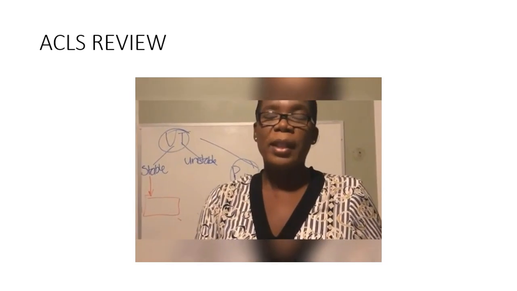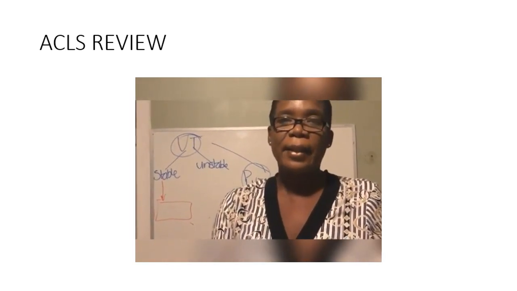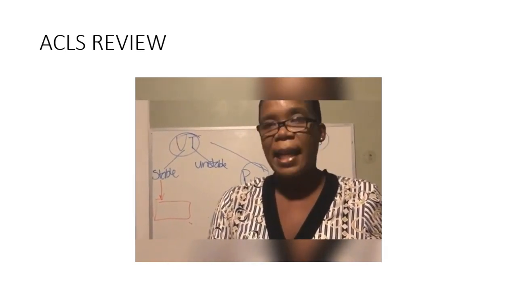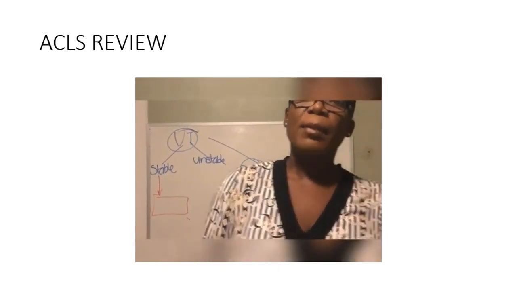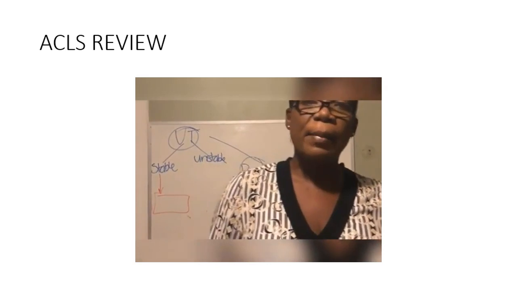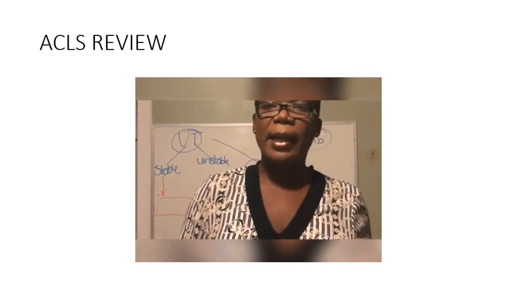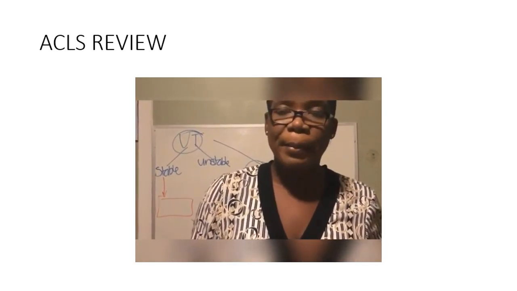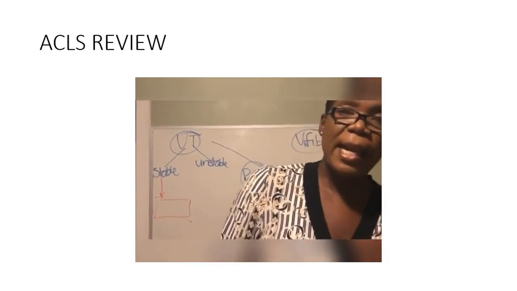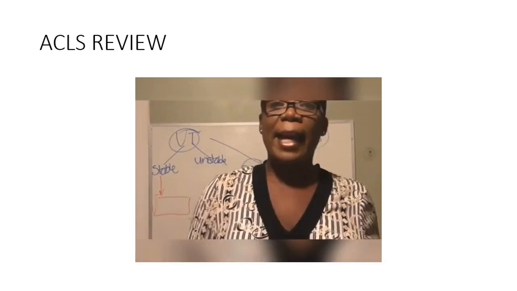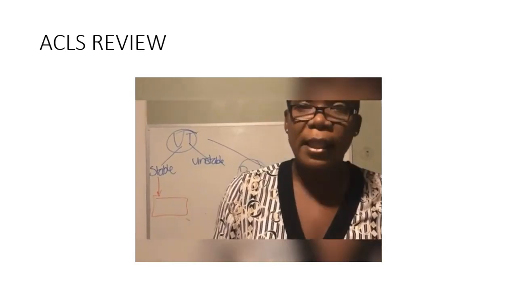So, we looked at asystole and we looked at PEA, asystole and PEA. Then we look at bradycardia, stable and unstable, reminding ourselves about the collapse, unstable. Then we look at sinus tachycardia, stable and unstable. Then we looked at SVT.